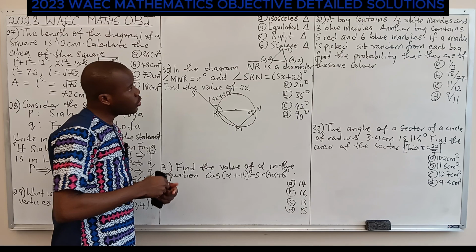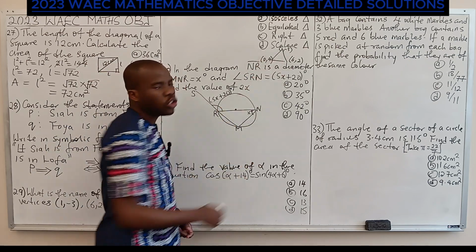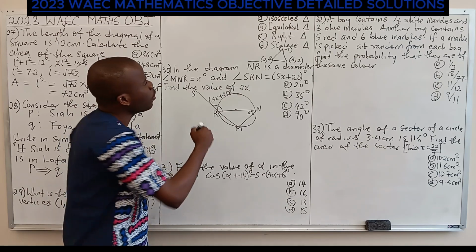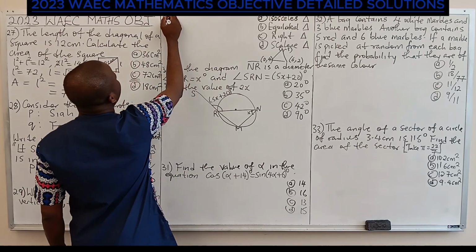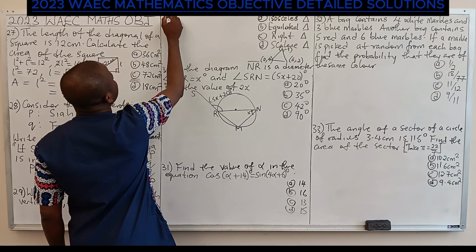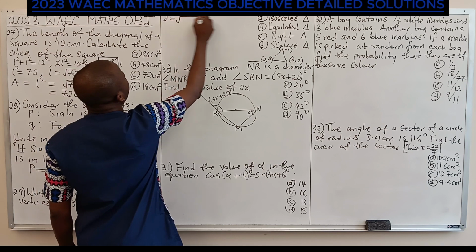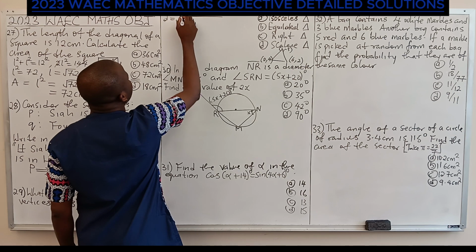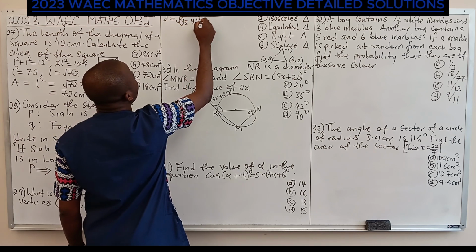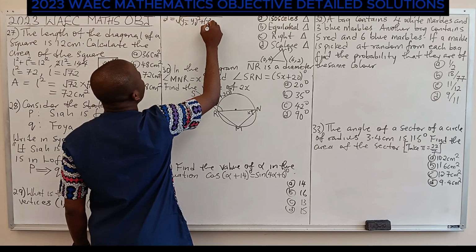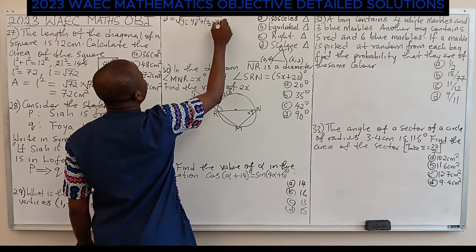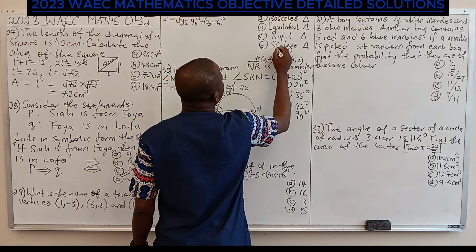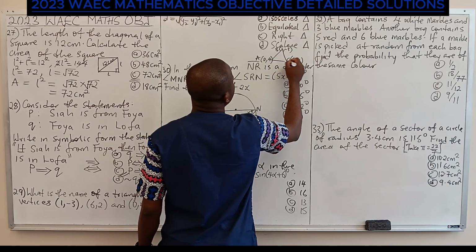What we will do is to find the length of each of the sides to know what type of triangle this is. So remember the formula for finding distance is square root of y2 minus y1 all square plus x2 minus x1 all square. Let's call here A, B, C.